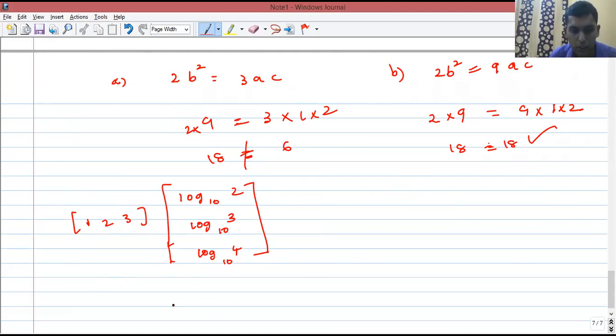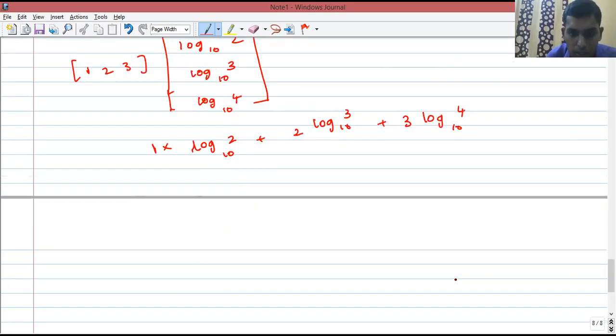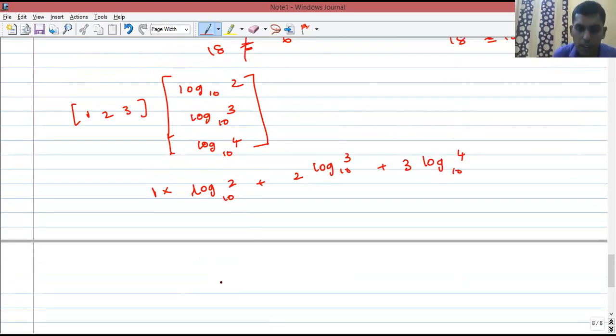You know how to take these things. 1 into log 2 to the base 10 plus 2 into log 3 to the base 10 plus 3 into log 4 to the base 10. Take these numbers to the power, so that it becomes log 2 in the base 10, plus log 3 square to the base 10, plus log 4 cube to the base 10.